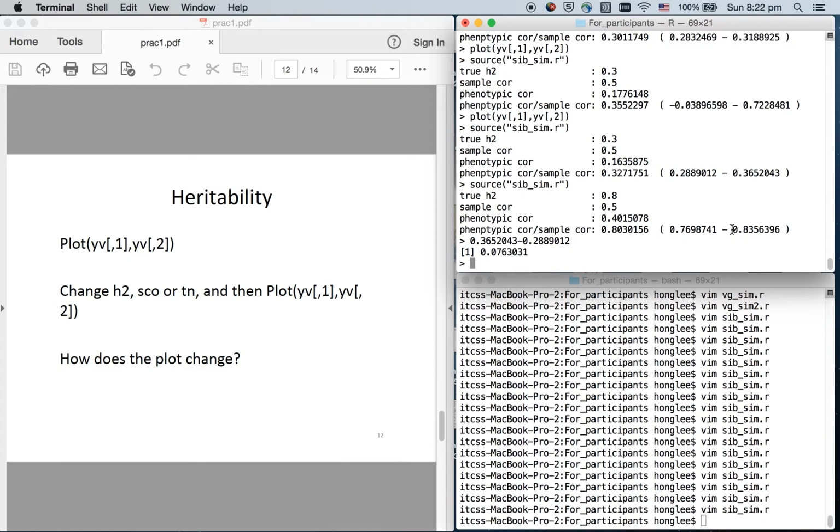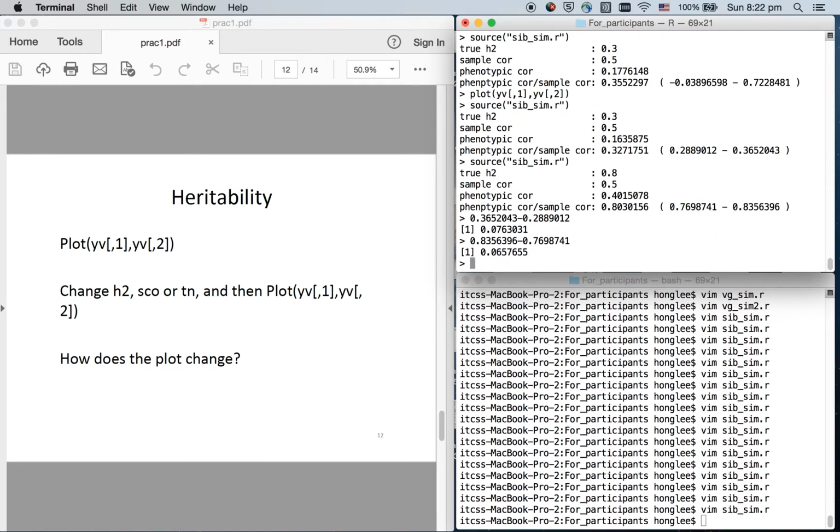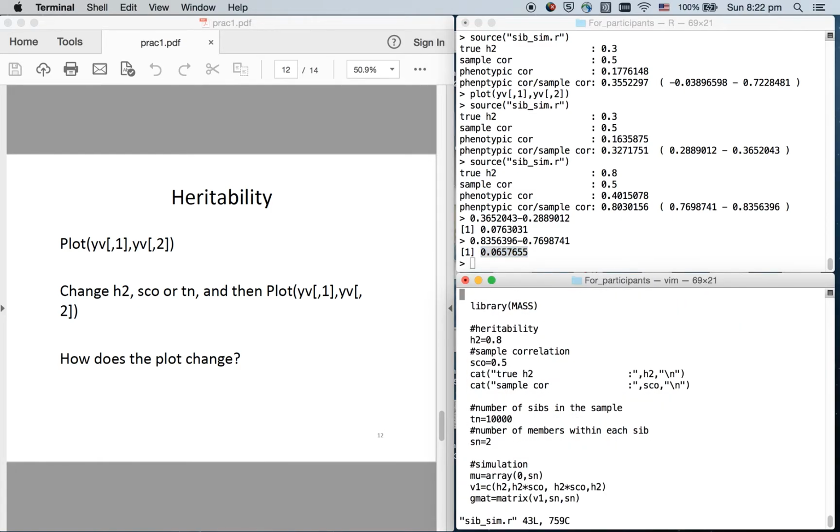How about in this case? When heritability increased, is this interval really changed or not? Actually, not much change, right? So it's quite similar. Also, maybe you may give a very small value, 0.1, to see what happens.